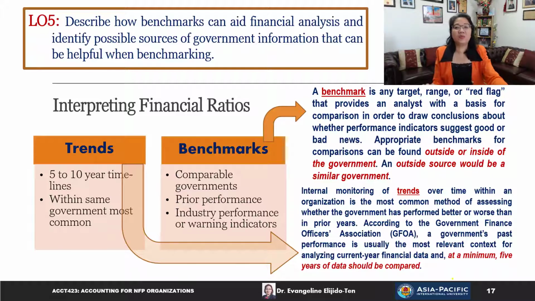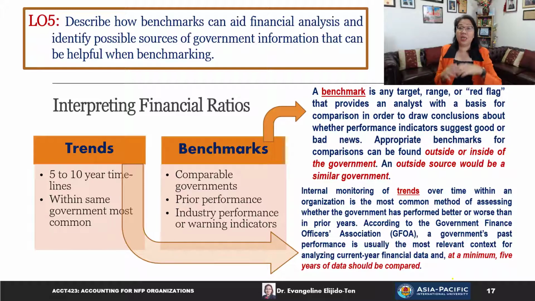Appropriate benchmarks for comparisons can be found either outside or inside of the government. So an outside source would be a similar government. If you are benchmarking, let's say, the city of Boston, you will look for another government that is similar in size and population to the city of Boston.